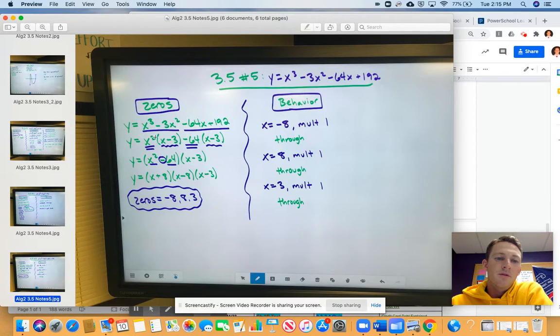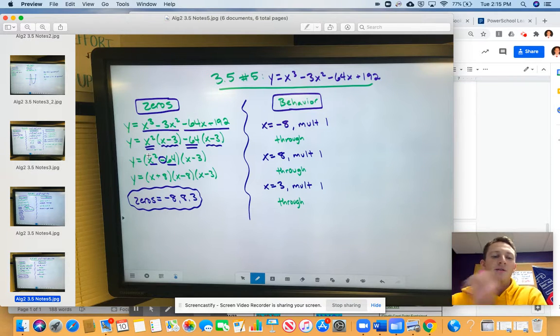We're going to group these together, so x squared minus 64, and then x minus 3. Notice this is just like the first example. We have a perfect square, x squared, and we have a perfect square, 64 is 8 squared, and there's a subtraction in the middle. So this is going to split up into x plus 8 and x minus 8. Opposite signs right here, and these are just the square roots of 64 and the square roots of x squared.